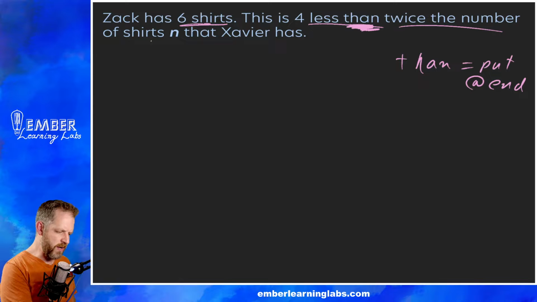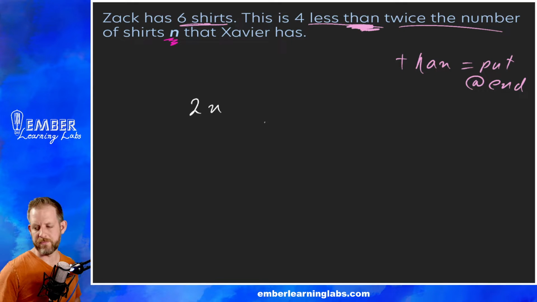So we also have shirts in. So all this is telling us is that the variable they want us to use for this equation is n, right? Twice the number n, right? So twice would be multiplication, right? So we've got 2n minus 4.